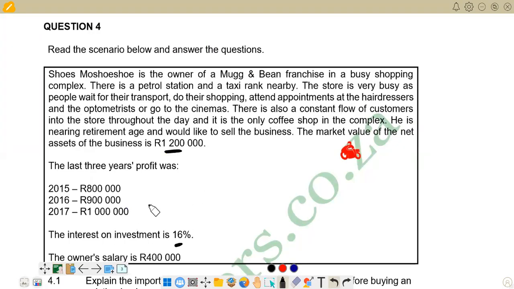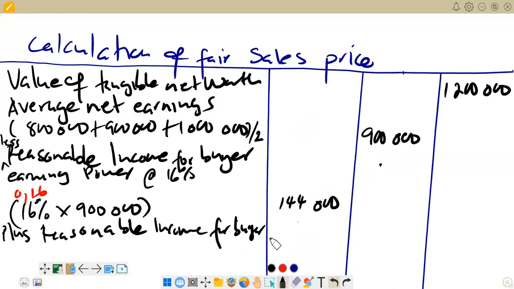Sorry, this is not reasonable income for buyer as such, but it's reasonable income for owner. So we can just remove this buyer there and put our owner there.